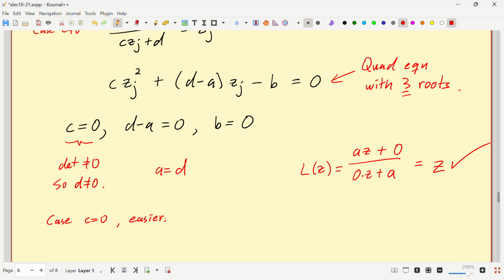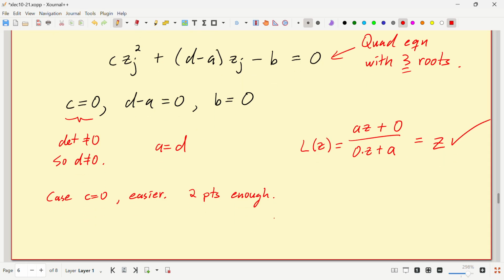In fact, it might even be, if it fixes 2 points, it has to be the identity. 2 points are enough to make it the identity. But 3 points would work too.